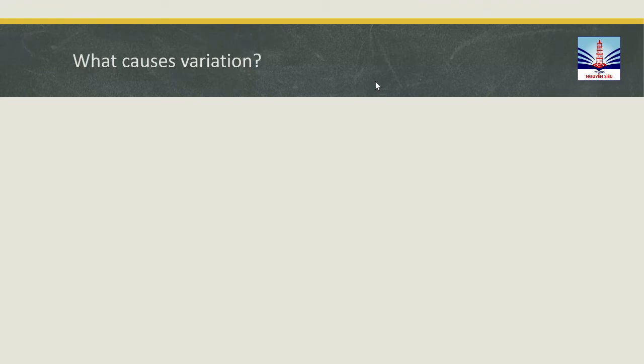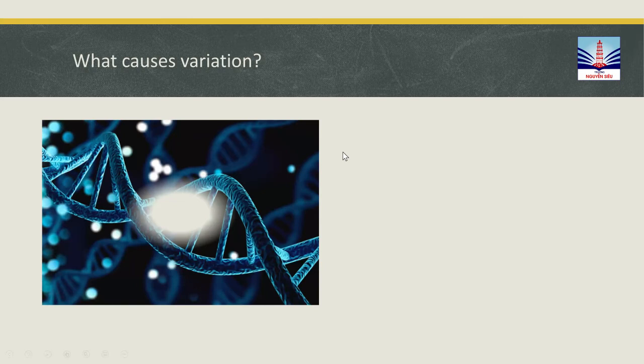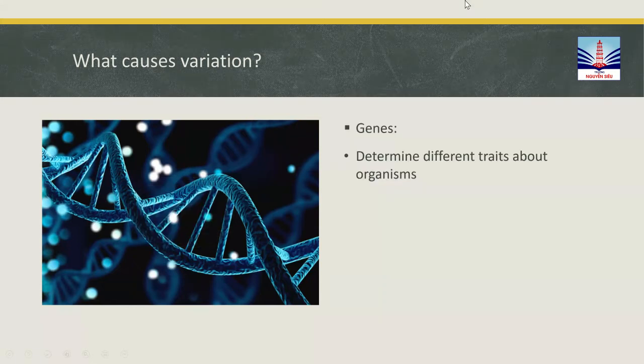Okay, so I have two causes of variation. First is, well, pretty close to what you all said, which was the genes inside you. These determine the different traits about organisms, which include some things like hair and fur color, maybe height or gender, whatever. Okay, that's the idea that you all got pretty much.